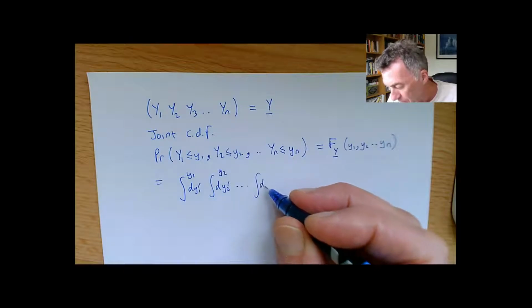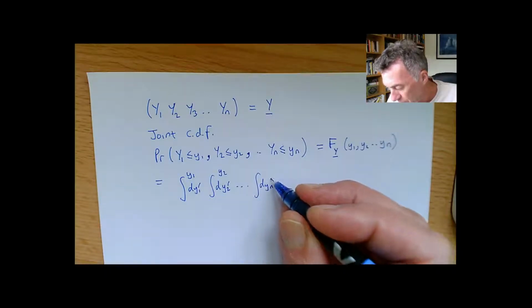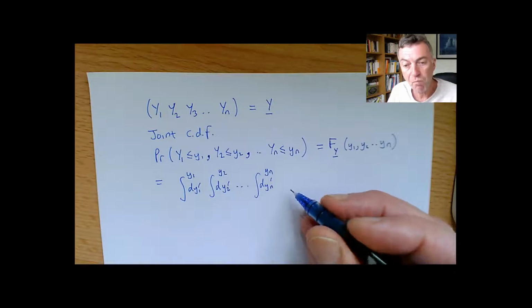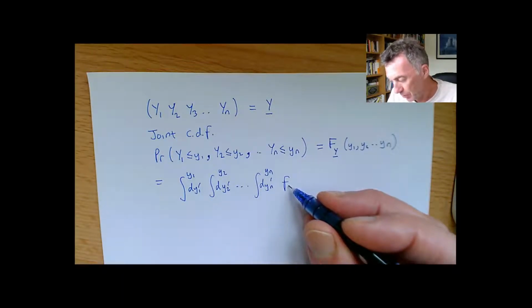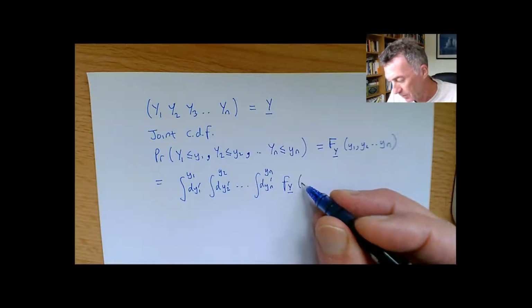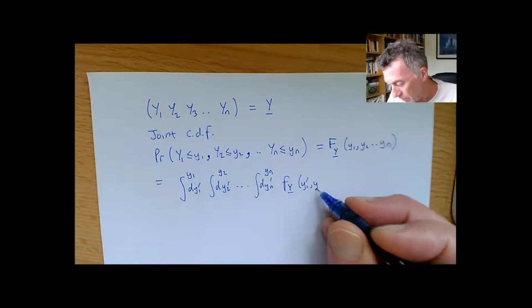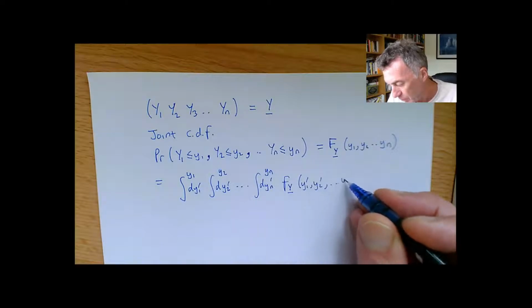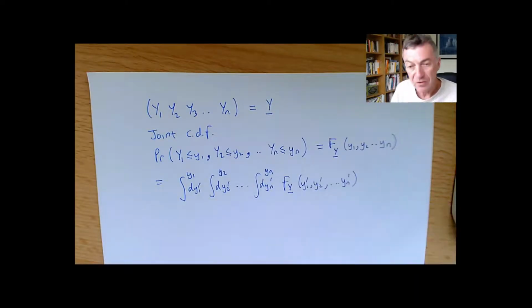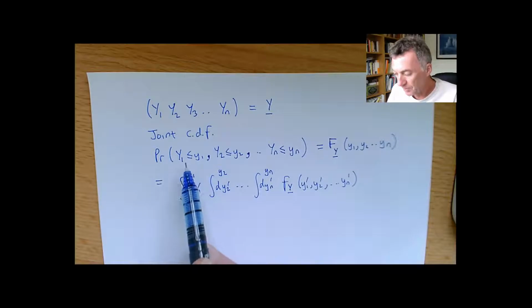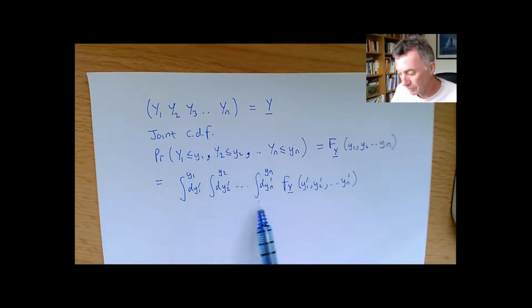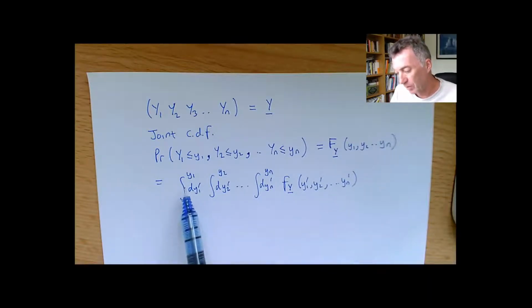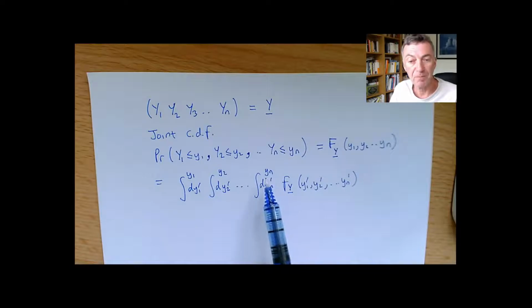It's a multi-dimensional integral, n-dimensional integral, yn, and then it's a joint probability density f_Y, y1 dashed, y2 dashed, up to yn dashed. So this joint probability here of being less than these values can be written as an integral up to these values of the density. So you integrate the density up to these values, y1 up to yn.